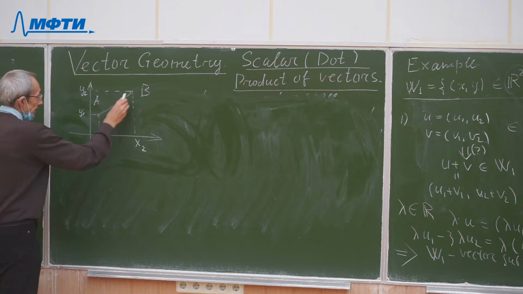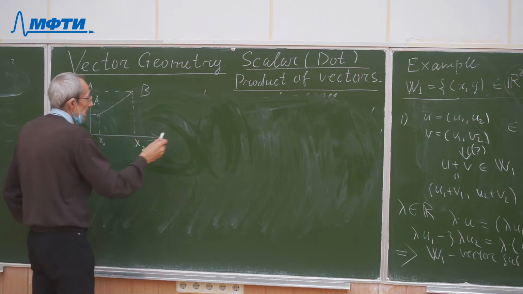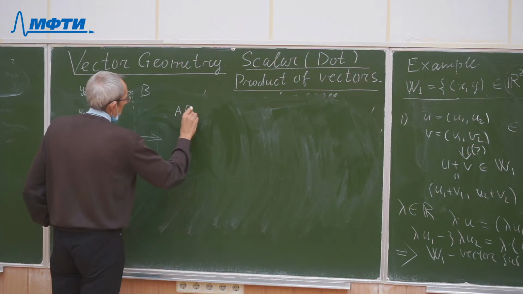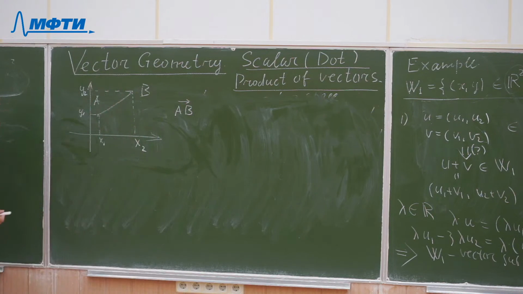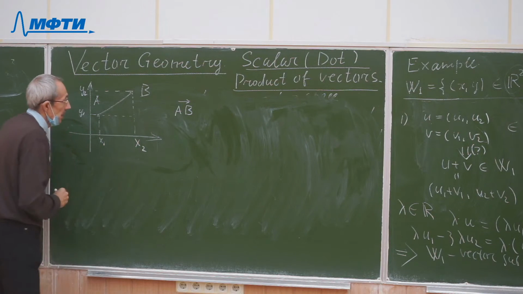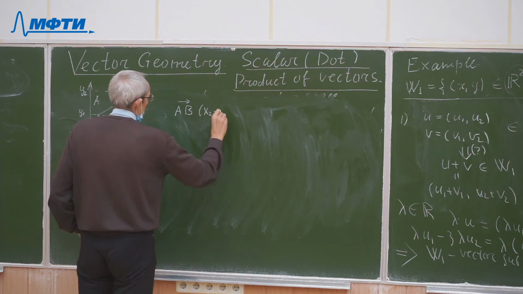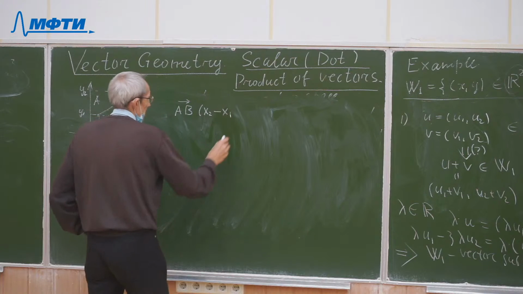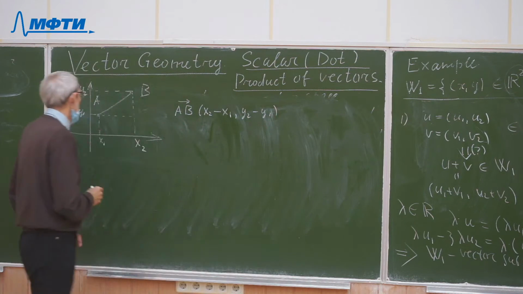And we can consider a vector AB, and easy to see that this vector has coordinates x2 minus x1, y2 minus y1.